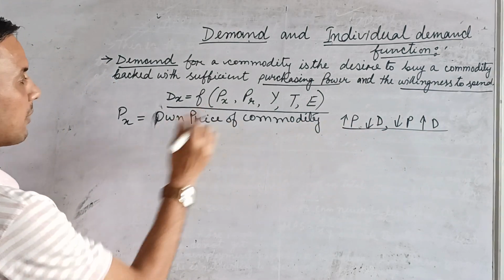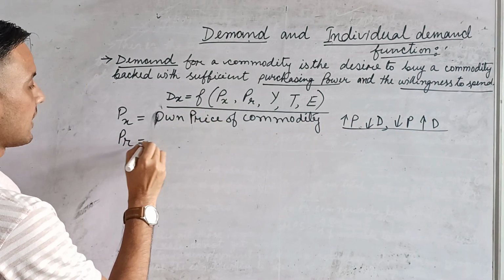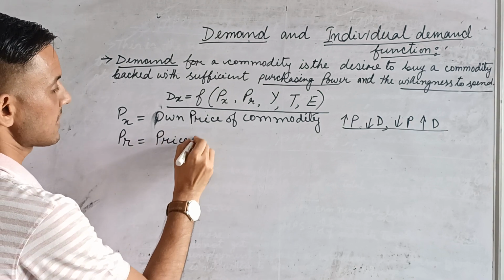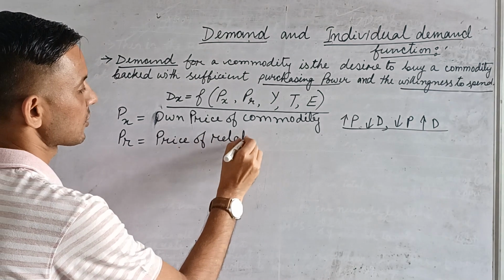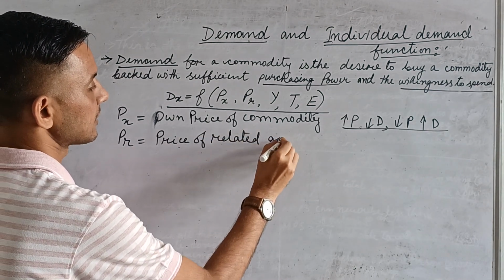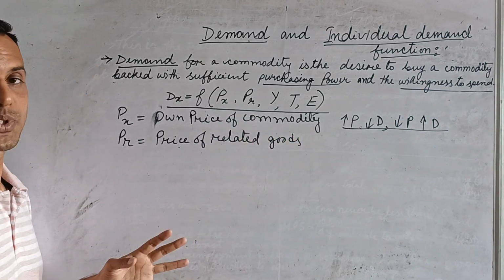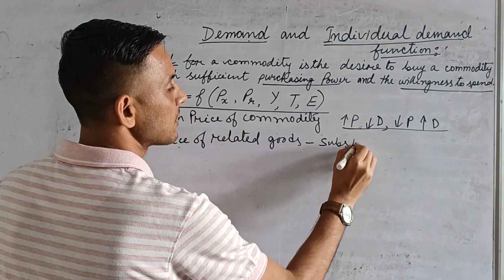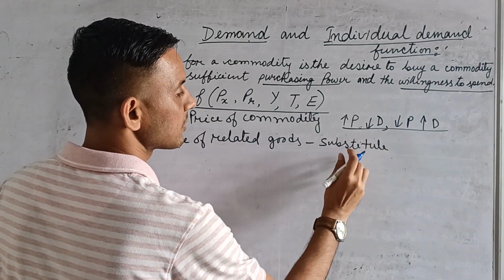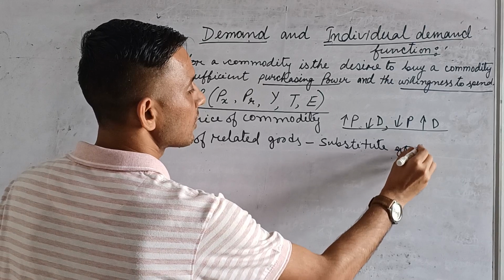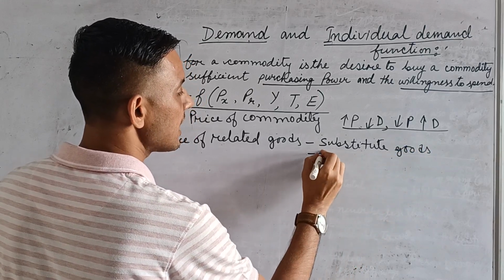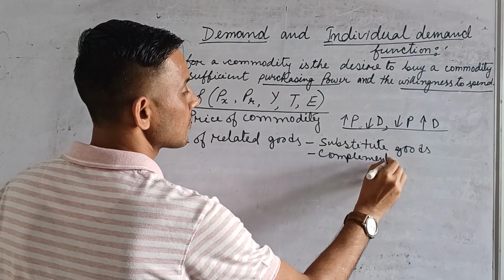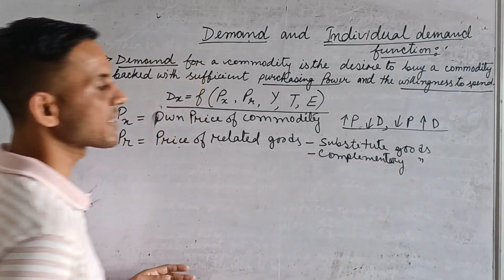Number 2, Pr. Pr means price of related goods. There are two types of related goods. One is substitute goods, and another is complementary goods. What are substitute goods?